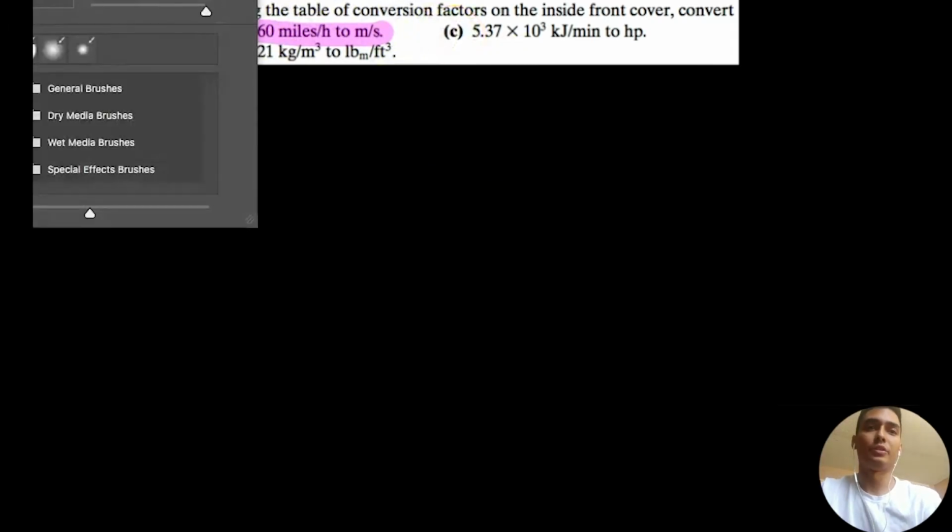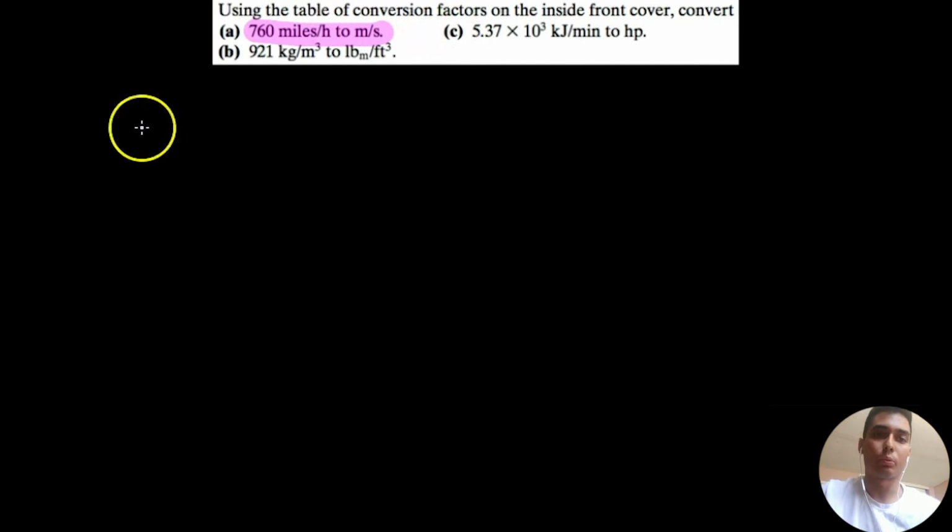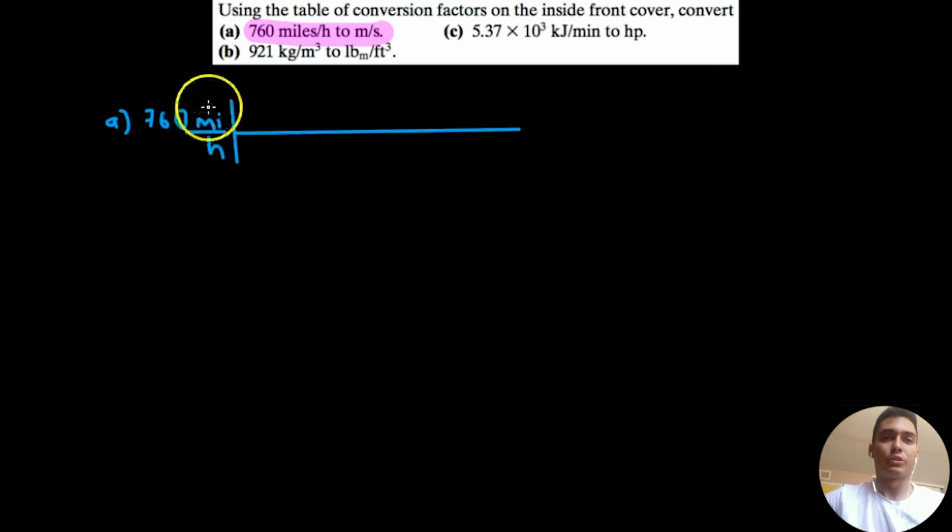If you watched the previous video, I talked about some of the introductory stuff for unit conversions, but we'll just do it again. So we want to convert 760 miles per hour to meters per second. First, let's convert miles into meters.